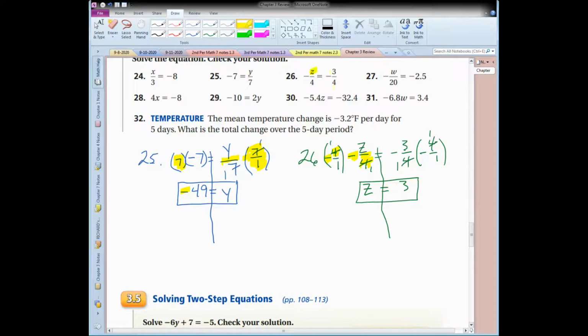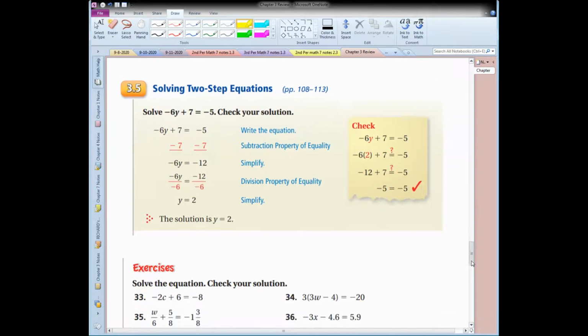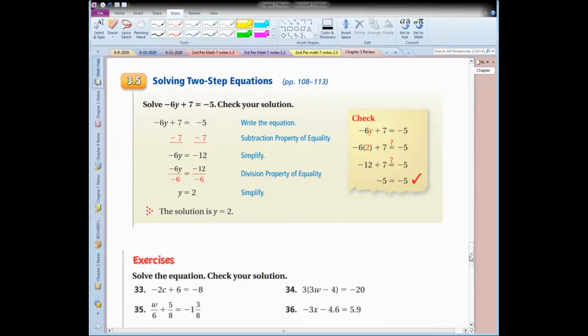What number is going to go in here so that this left side of the equation is the same as this side? Well, it has to be 3, right? -3/4 equals -3/4. Then we talked about solving two-step equations. So now my first choice is I need to use the addition or subtraction properties of equality.